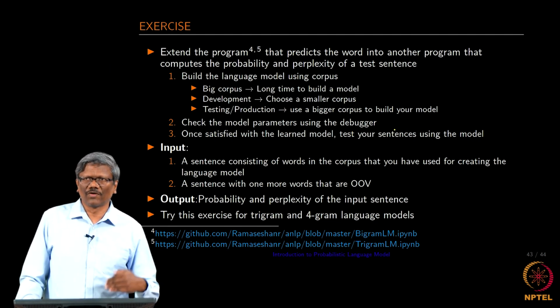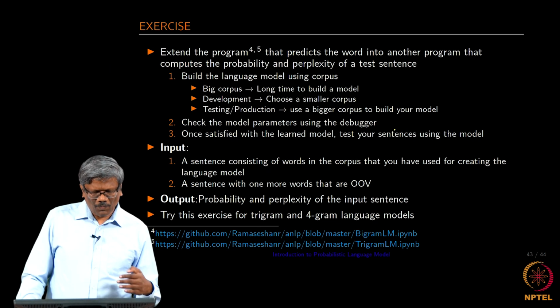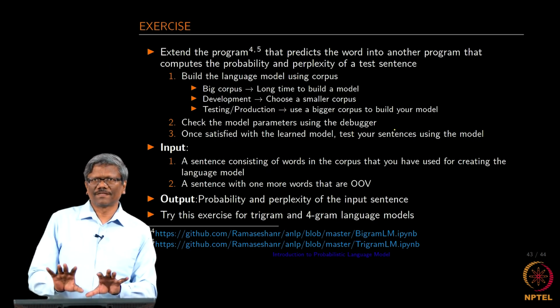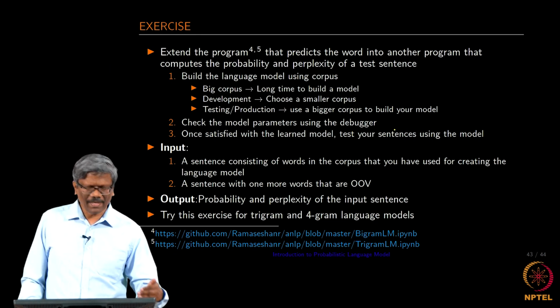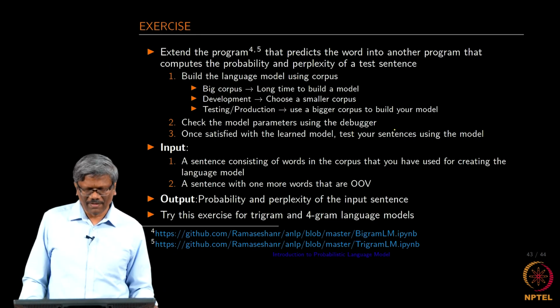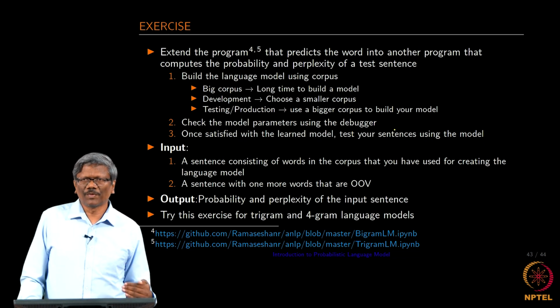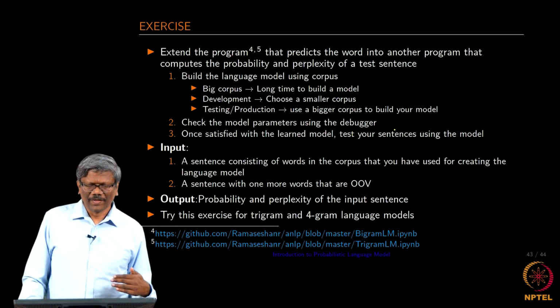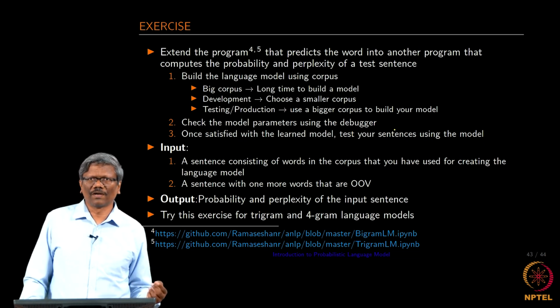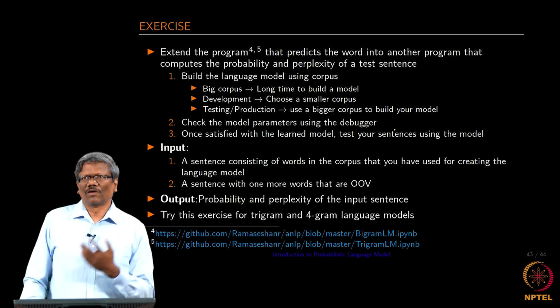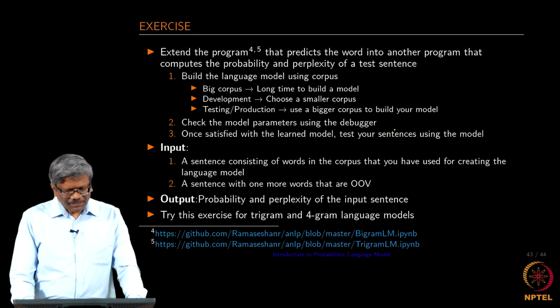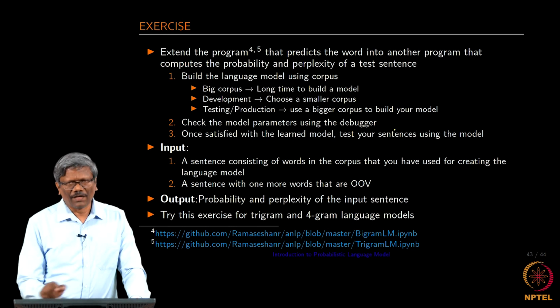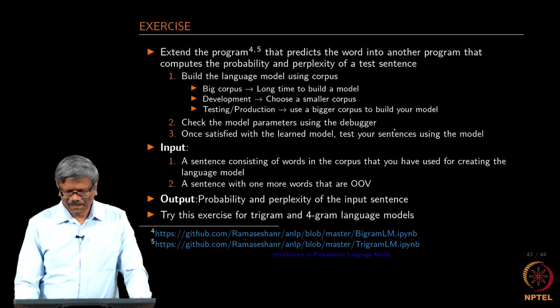What you are going to be doing here is, once you build the model, building the model is very similar to what we had seen earlier for the prediction. So, you can use the same code that is available. The input is going to be different here. In the case of bigram and trigram word prediction, the inputs are either one word or pairs of words for trigram. In this case your input is going to be a sentence.